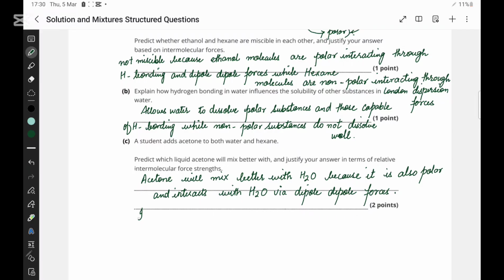In contrast, if you see hexane, I have told you it is C6H14.